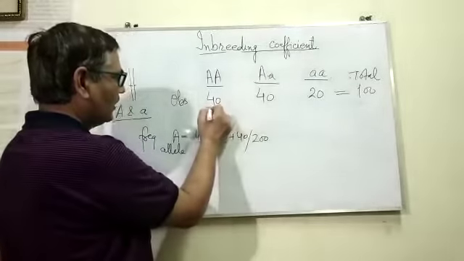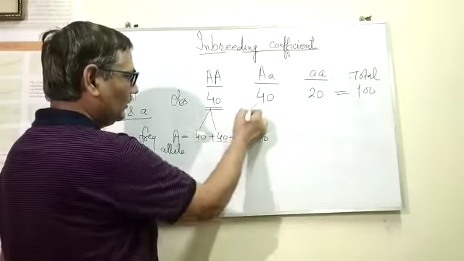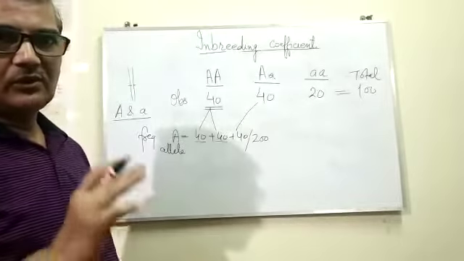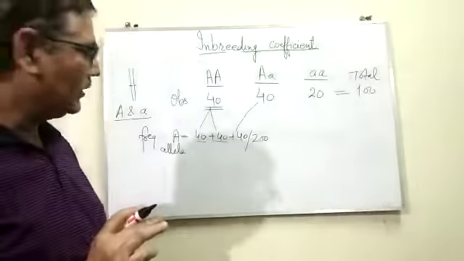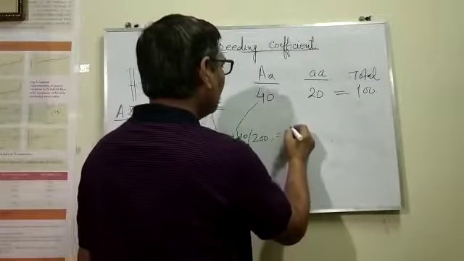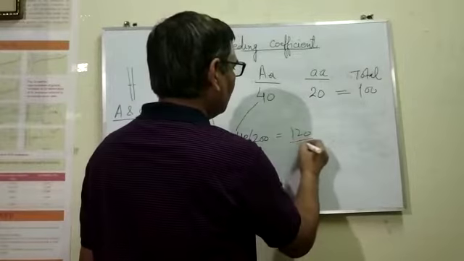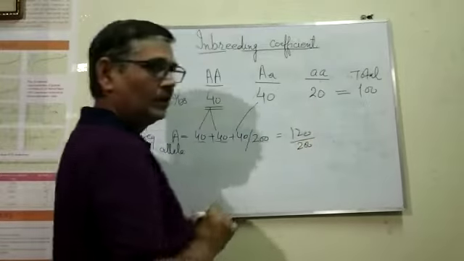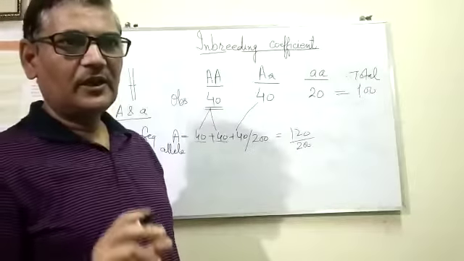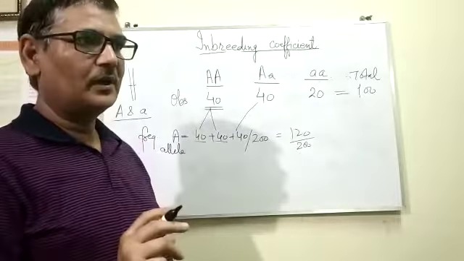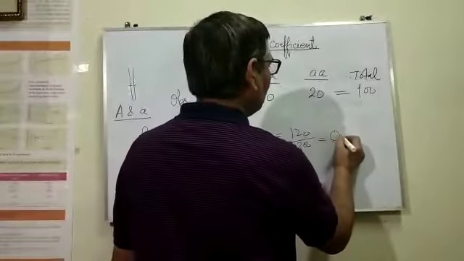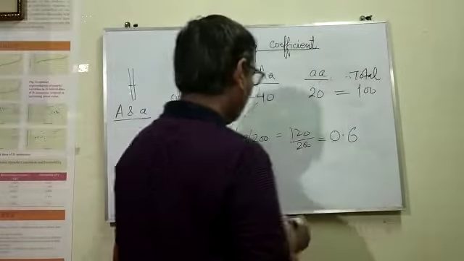So the total number will become 120. Why are we dividing it by 200? Because if 100 individuals are being observed, it means 200 alleles are being observed. So the frequency will become 0.6.